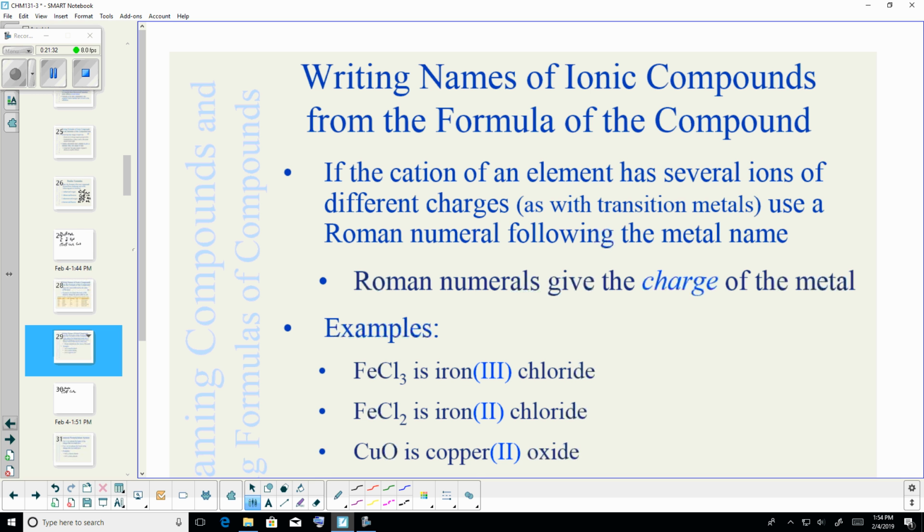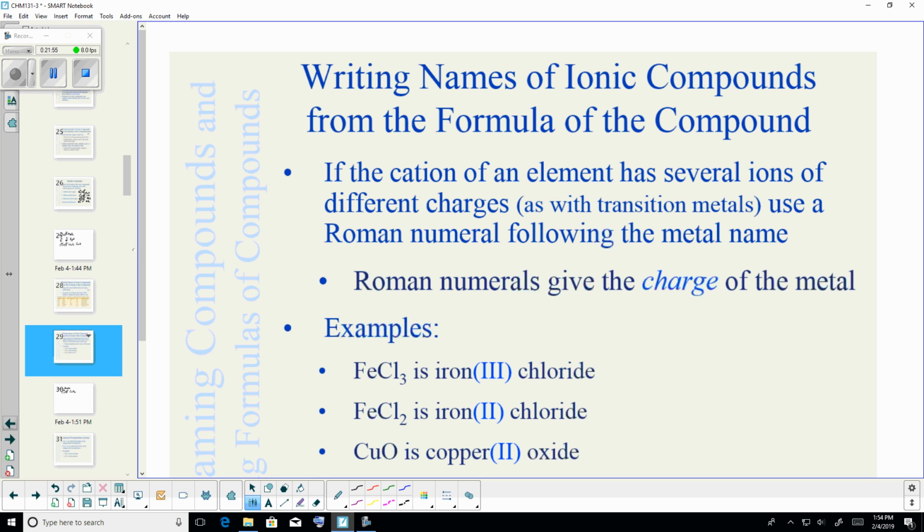In FeCl3, iron is 3 plus, and in FeCl2, it's 2 plus. So to distinguish between the two, we call it iron 3 chloride and iron 2 chloride, where the Roman numeral in parentheses is the charge on the metal. They're two different compounds.